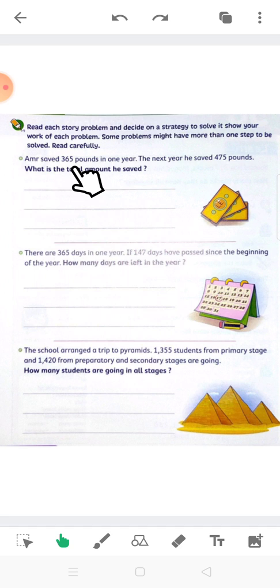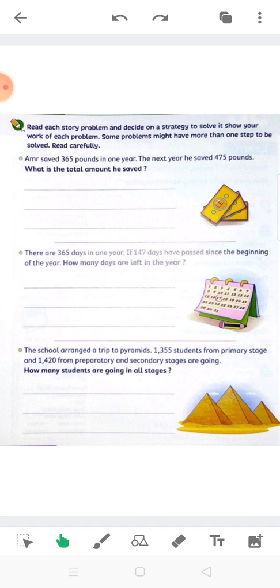In the problem, make sure I'm looking for what? I'm looking for the numbers, okay? And what else? We are looking for the keyword, and understand the problem, okay?